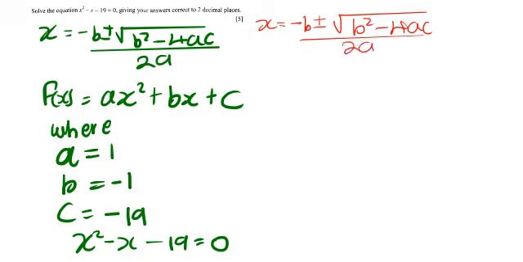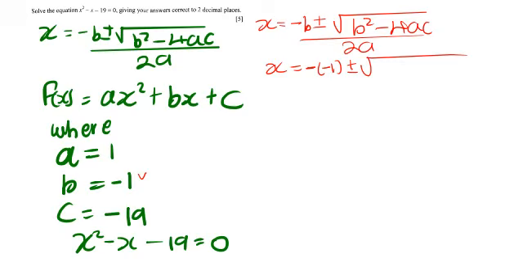Then you are going to substitute the values that we have found. So our x will be equal to negative, and b is negative 1, so you put negative 1 where there was b, and then positive or negative, the root of our b squared.